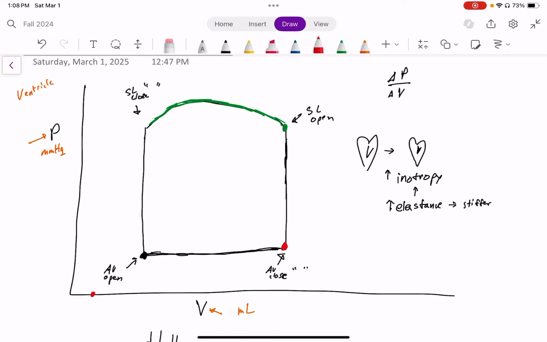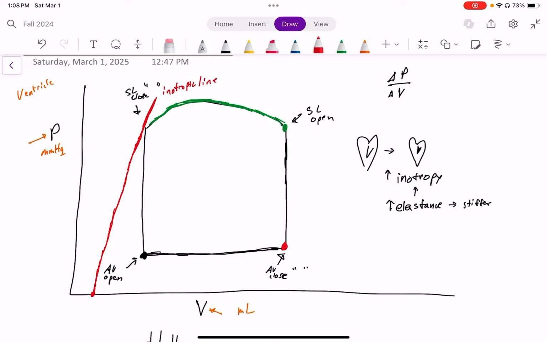And we draw a line from zero pressure up to this point, which is the volume of blood that is within the heart when it is completely contracted. That is the inotropic line.